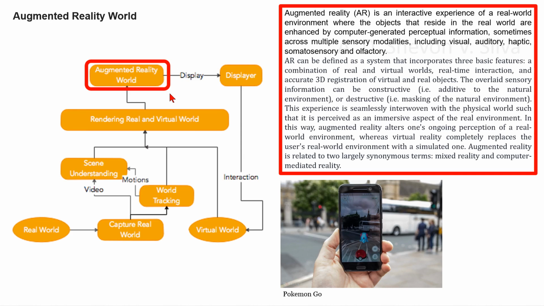In this way, augmented reality alters one's ongoing perception of a real world environment, whereas virtual reality completely replaces the user's real world environment with a simulated one. Augmented reality is related to two largely synonymous terms, mixed reality and computer mediated reality.